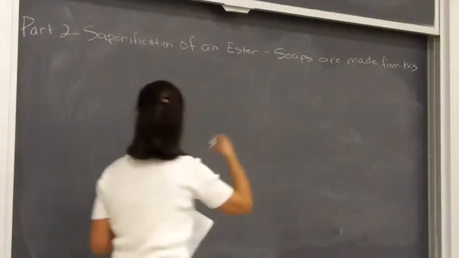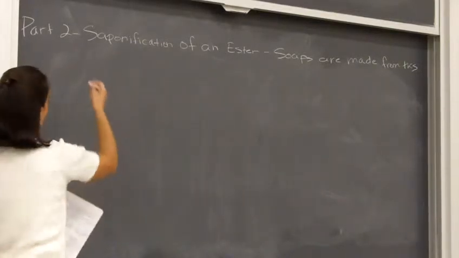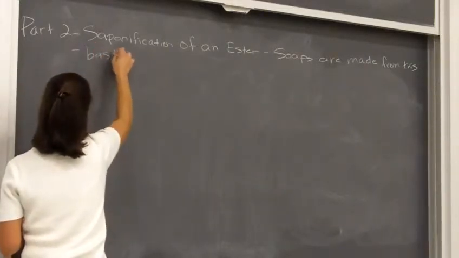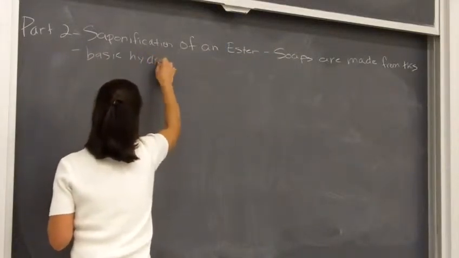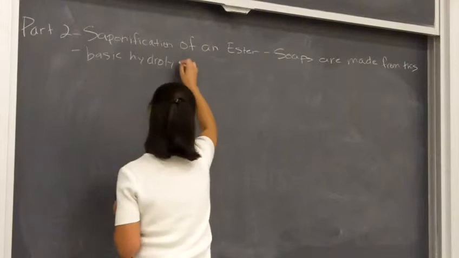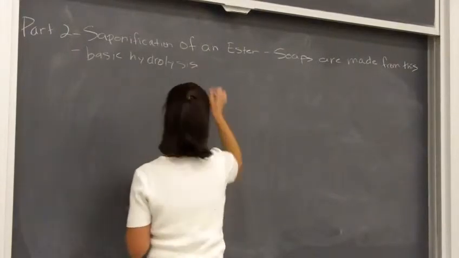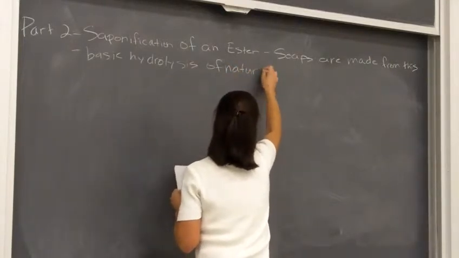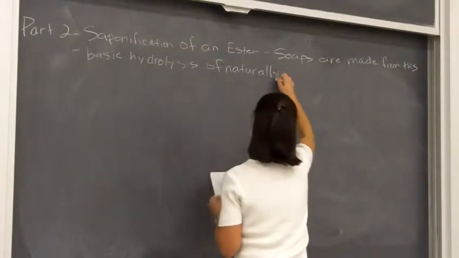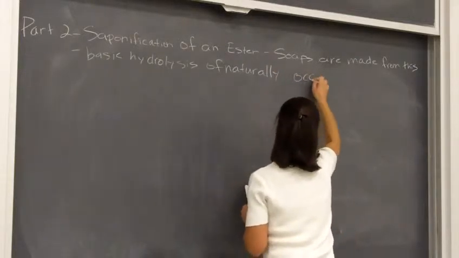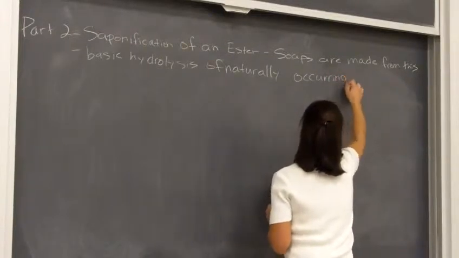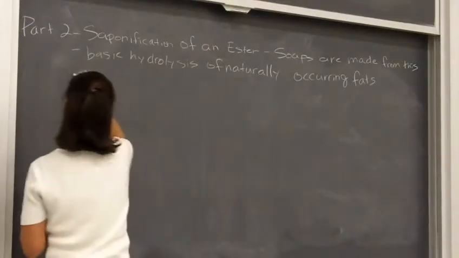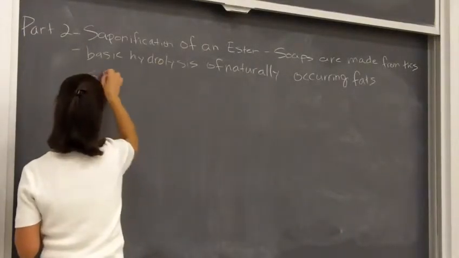And this comes from, although a lot of soaps aren't necessarily made from naturally occurring fats anymore, but it's the basic hydrolysis where this name comes from, is the basic hydrolysis of naturally occurring fats, and hence that's how you would form soap, and so that's why saponification and soap sound very similar to each other. And so what you get from this is the sodium salt.